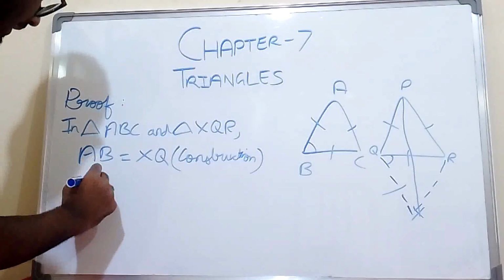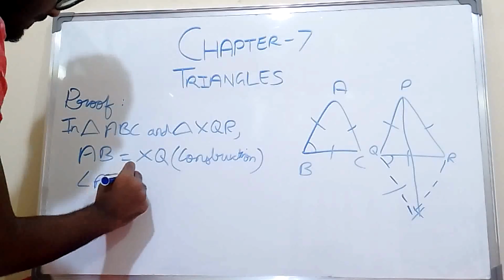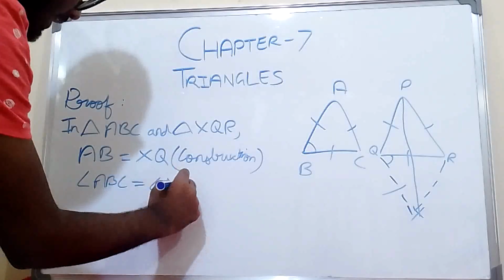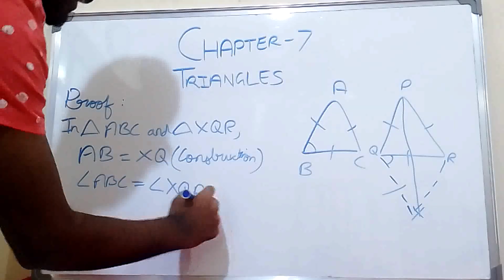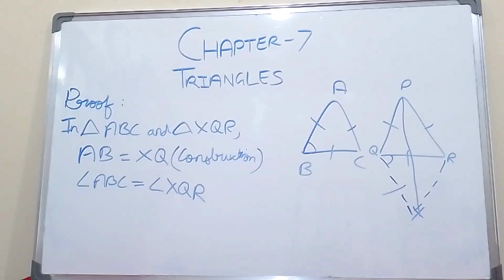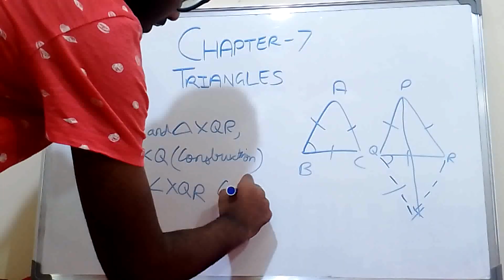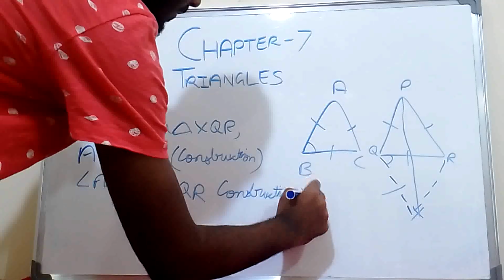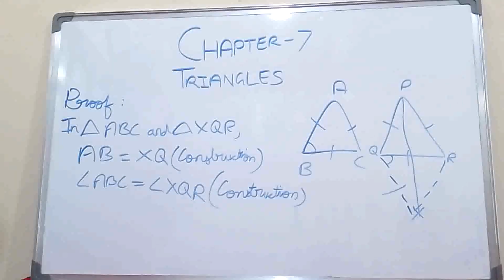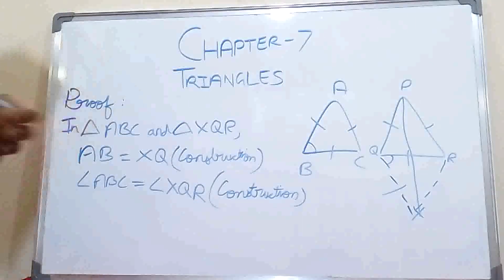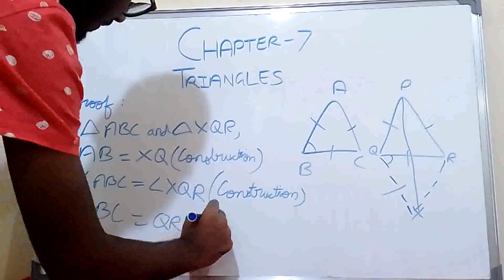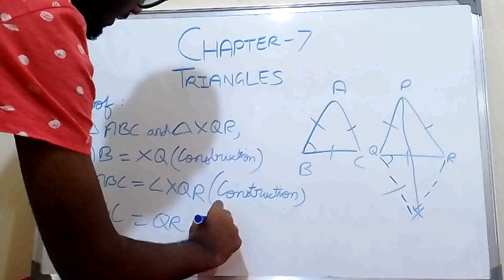Now angle ABC is equal to angle XQR. I will again prefer to write it in corresponding order so that there is no confusion later on. And this is also due to construction. The next part is BC equals QR, which was given to us, because the three sides were equal.